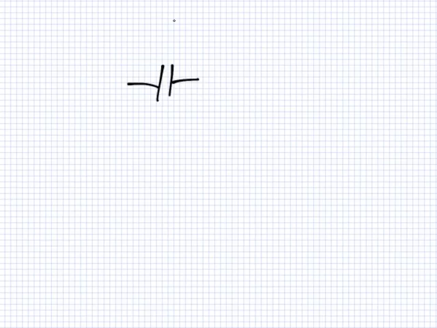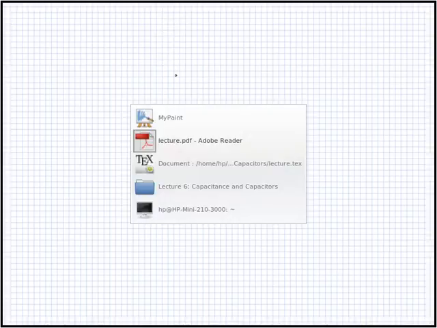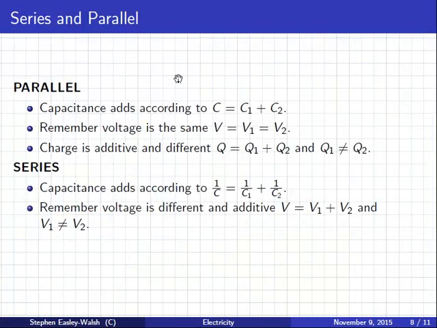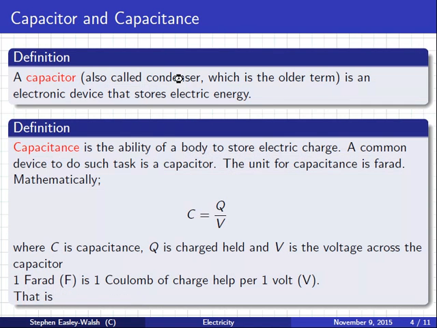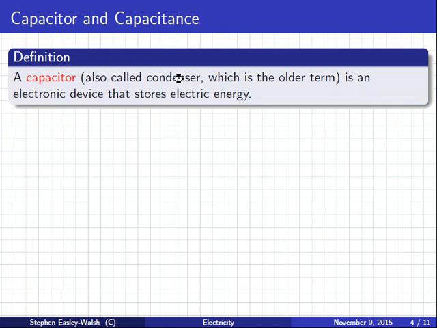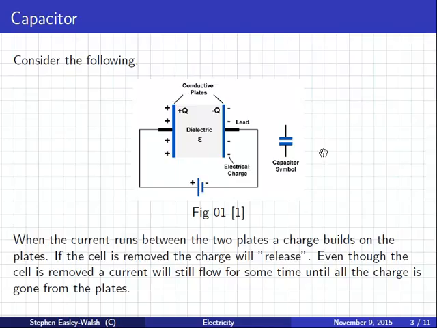Did I not show you the symbol? Did you not see the symbol? Yeah, this is the symbol. A capacitor you draw with two lines. Is this what you mean? Yeah. Okay.